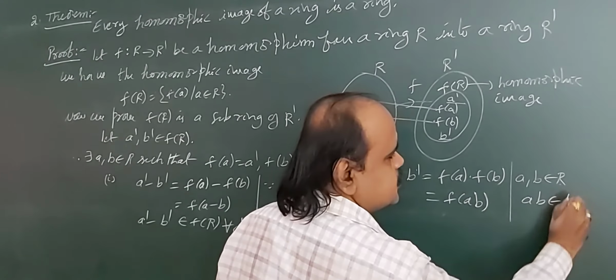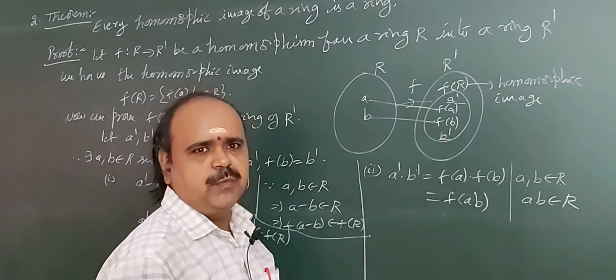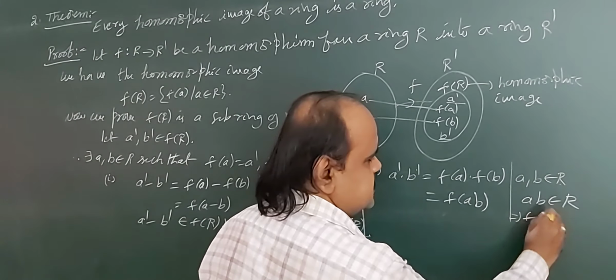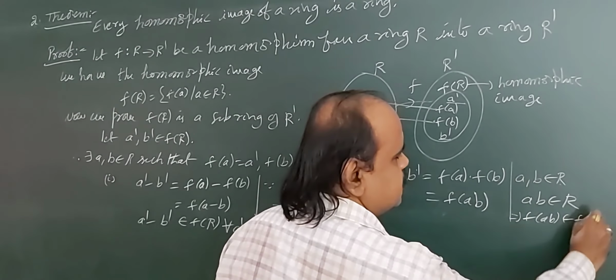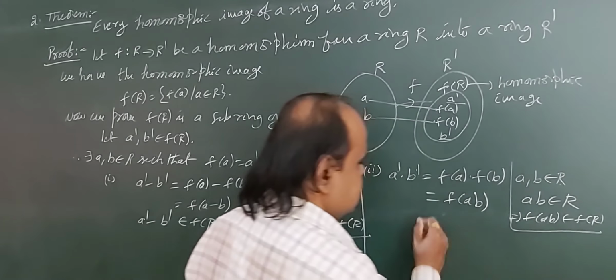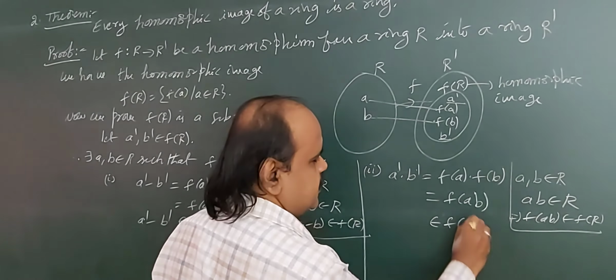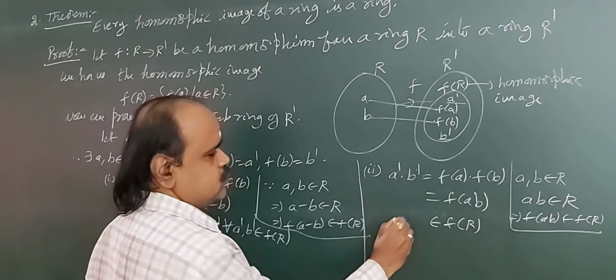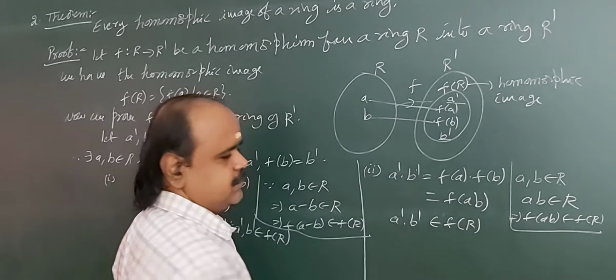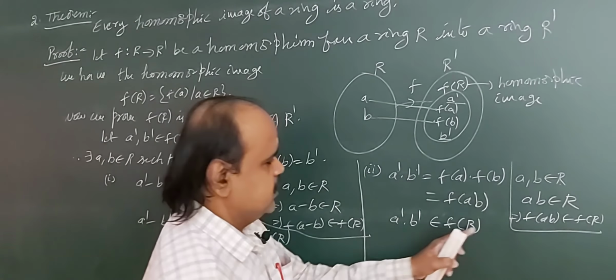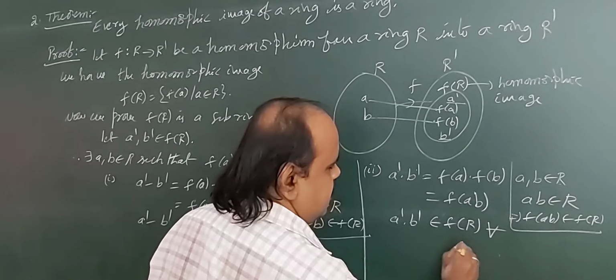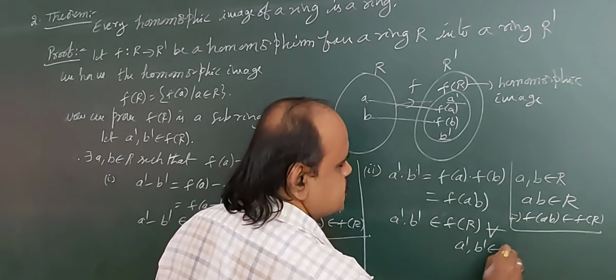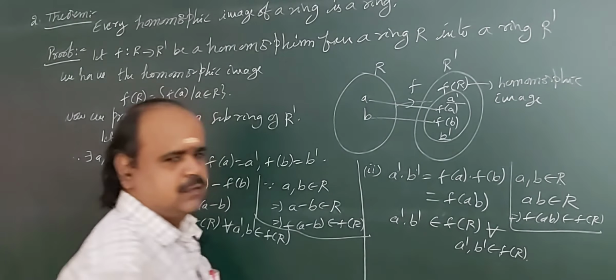So f of ab belongs to f of capital R, which is equal to a dash b dash. So a dash into b dash belongs to f of capital R for all a dash, b dash belonging to f of capital R.